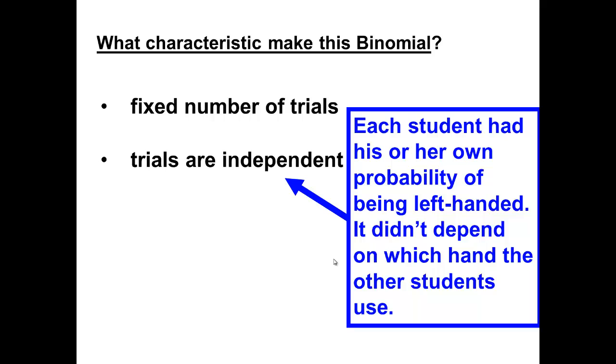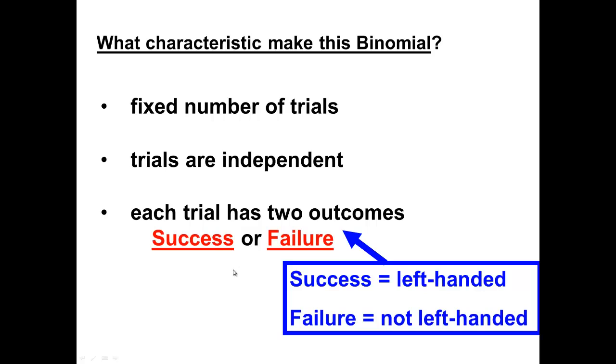In other words, each student had his or her own probability of being left-handed. It didn't depend on which hand the other students used. Each trial has 2 outcomes.